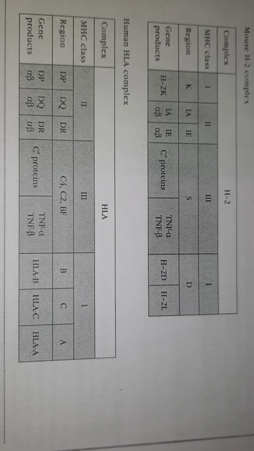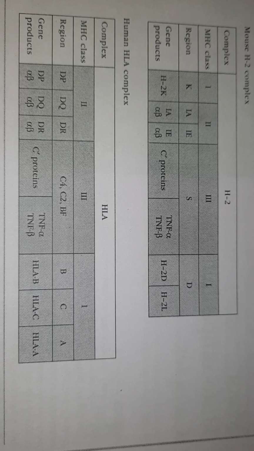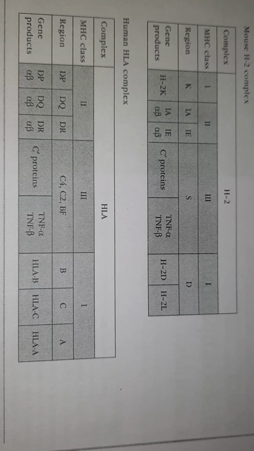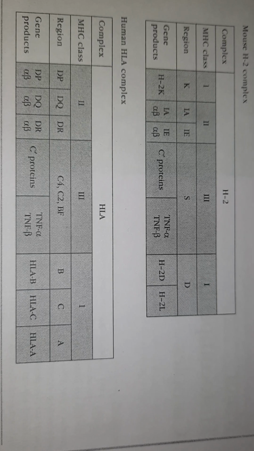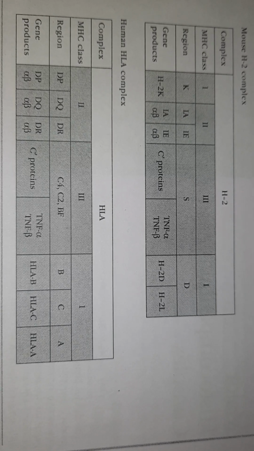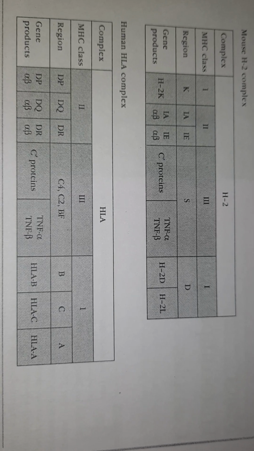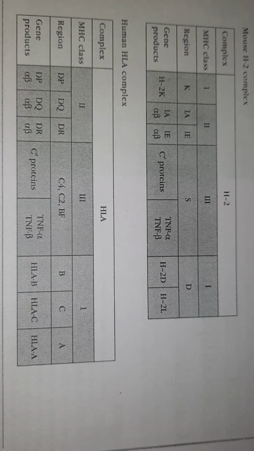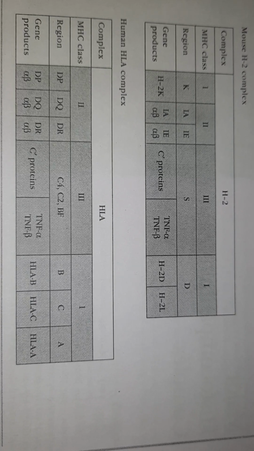They were first discovered and are expressed in the widest range of cell types. These are referred to as classical class 1 molecules. Additional genes within the H2 and HLA complex also encode class 1 molecules. These genes are designated non-classical class 1 genes.